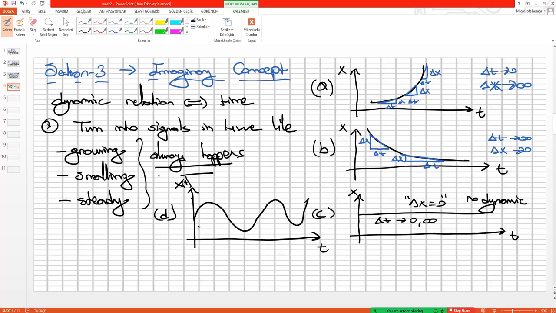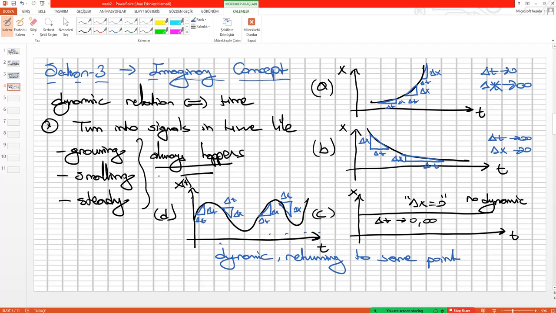We must consider this signal, because if we analyze it, we have delta t and delta x, delta t, delta x, and it goes on like this. It always has the deviation, and that is called the dynamic. But it returns to the same point in each case.